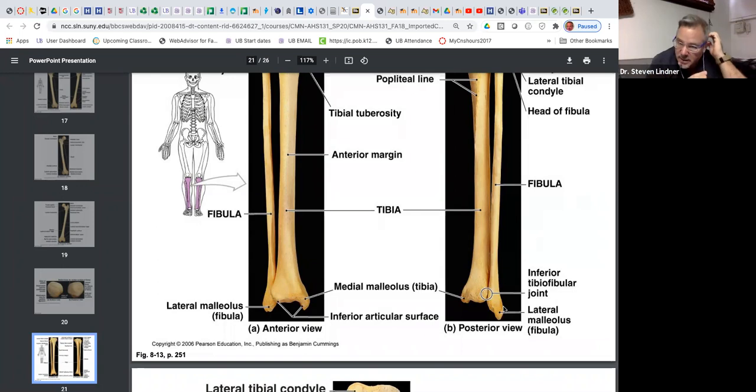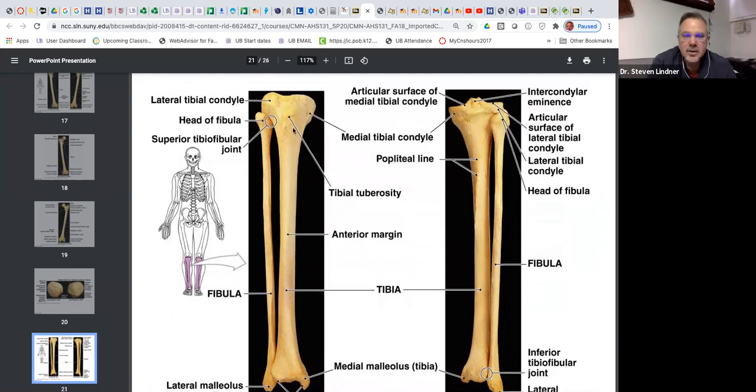Inversion is much easier. And that's why when you slip down the steps or you slip down a curb, the plantar flexion and inversion injuries are most common. And that's when you turn all black and blue and swollen on the outer part of the ankle because all those ligaments and tendons get torn.